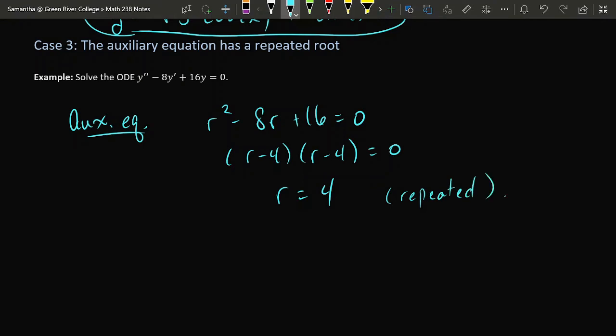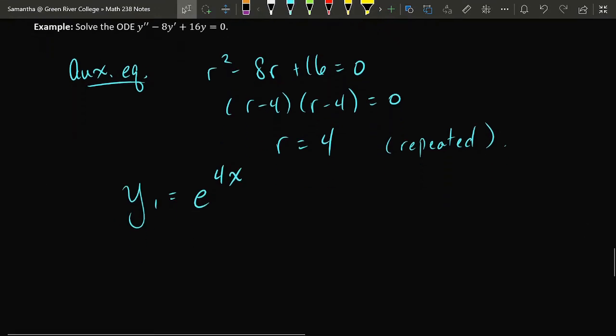Because I only have one value of r, I only get one solution, which is not enough to build up the set of two linearly independent solutions, which I need in order to describe the complete set of solutions to this second order differential equation.